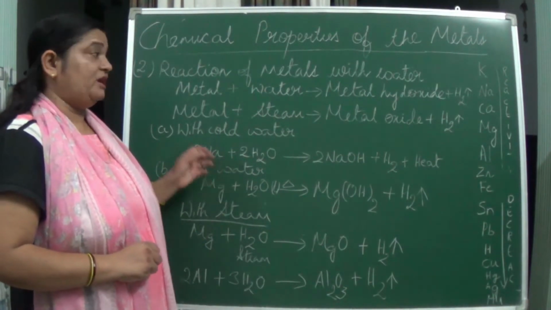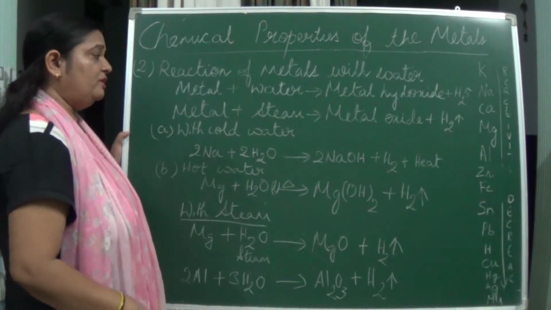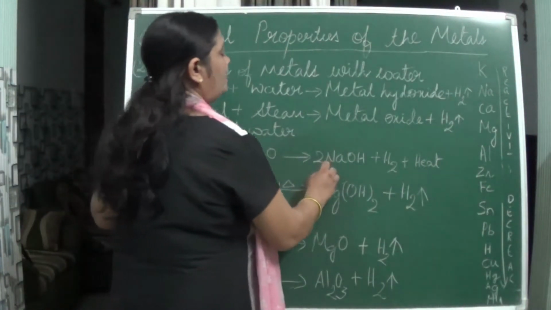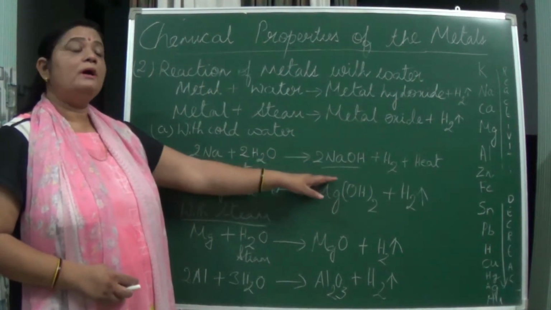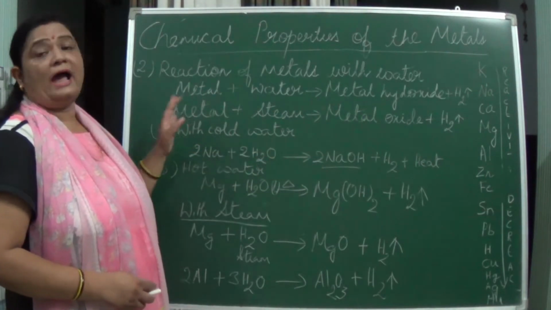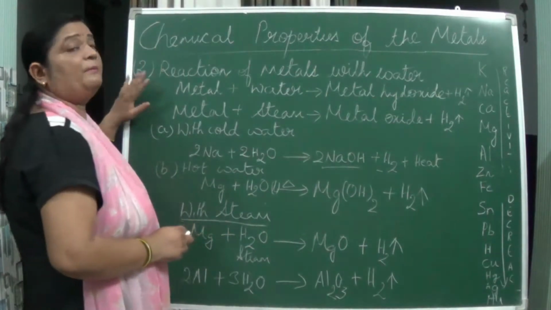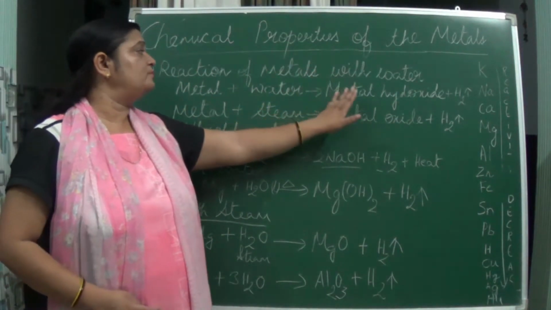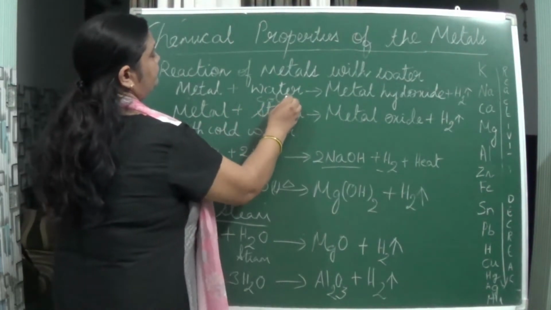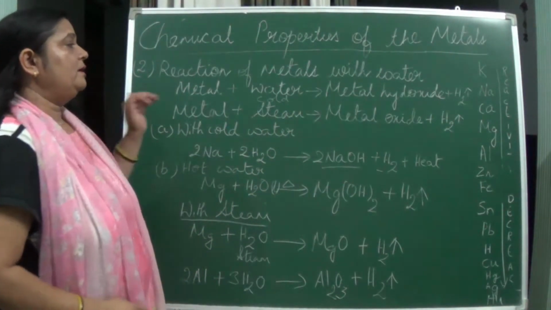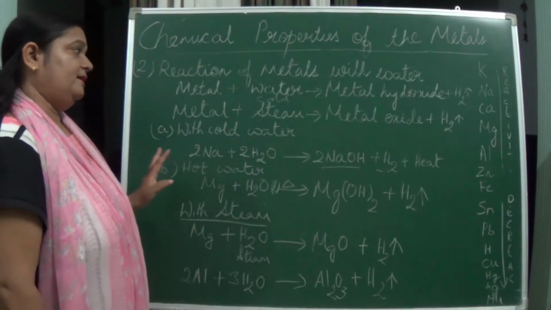So potassium and sodium will react with cold water to give the corresponding hydroxide. Like here sodium has reacted with water to give sodium hydroxide, and hydrogen has been evolved. Whenever a metal reacts with cold water, it gives metal hydroxide and hydrogen gas is given out.